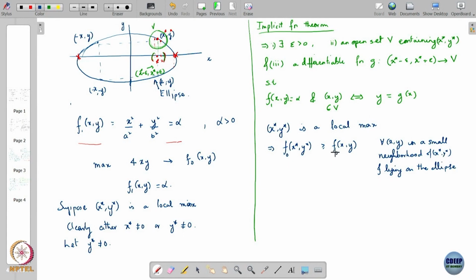So in a small neighborhood around x star y star, it gives you the best value of f0.